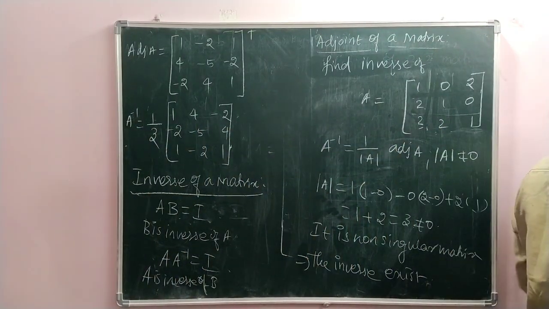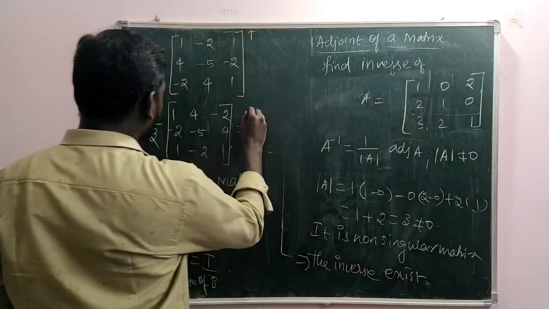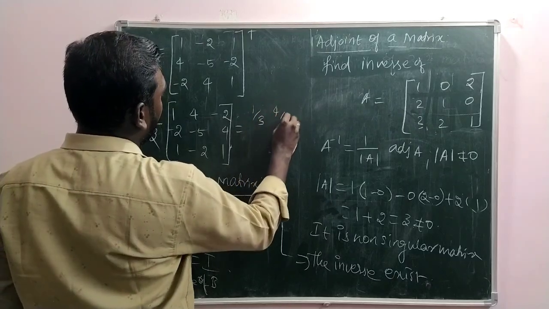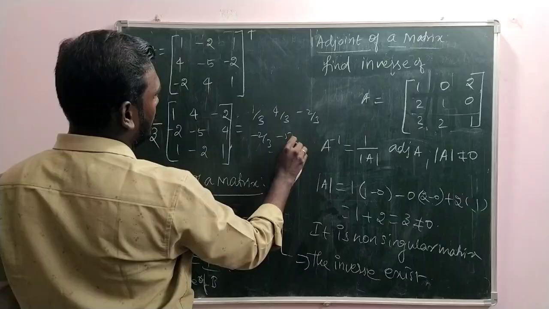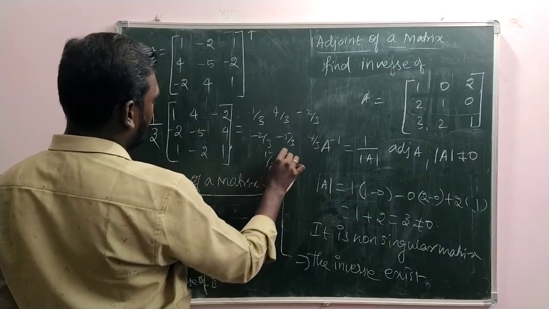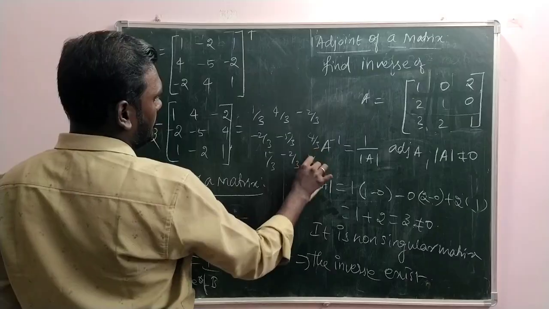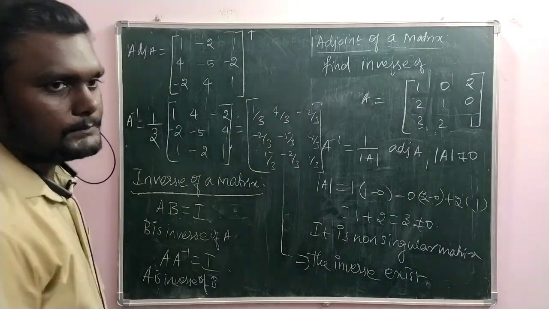That 1 by 3 we can also multiply inside. When we multiply that inside, it will become 1 by 3, 4 by 3, minus 2 by 3, which is minus 2 by 3, minus 5 by 3, 4 by 3 and 1 by 3. That is how the inverse works.